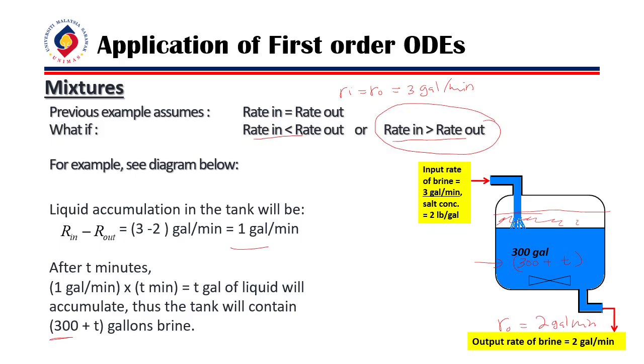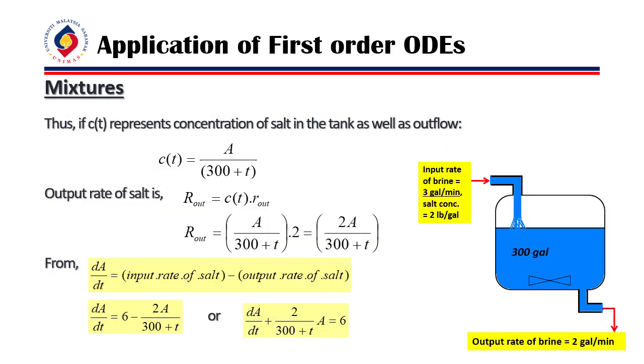Okay, all right, so thus if c(t) represents the concentration of salt in the tank, what happened to the c(t)? We are given ro, which is lower than, smaller than r in. So how about the c(t)?